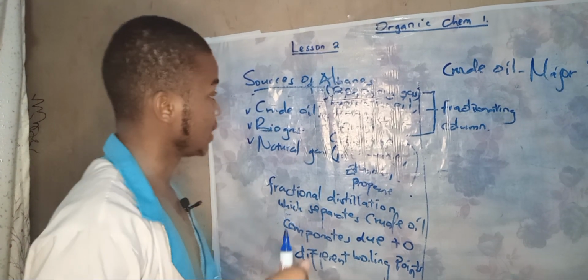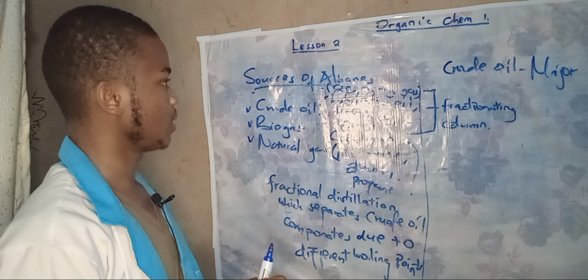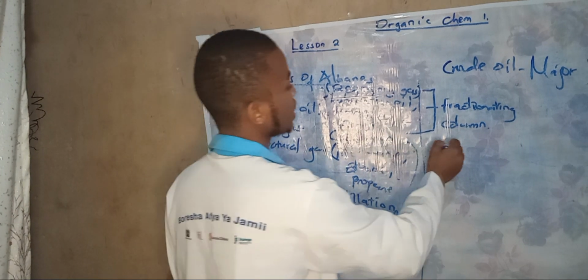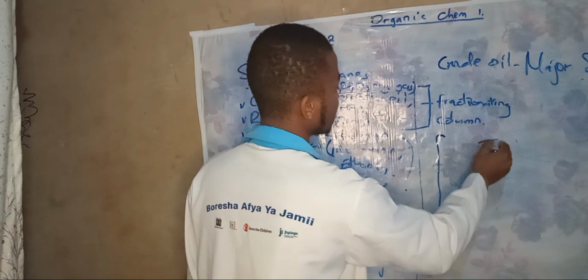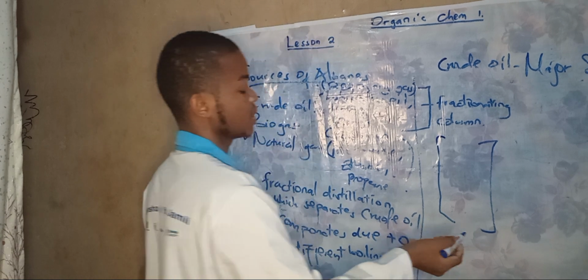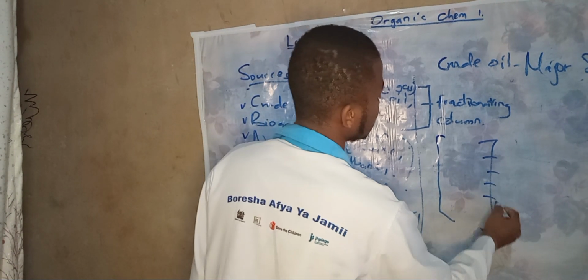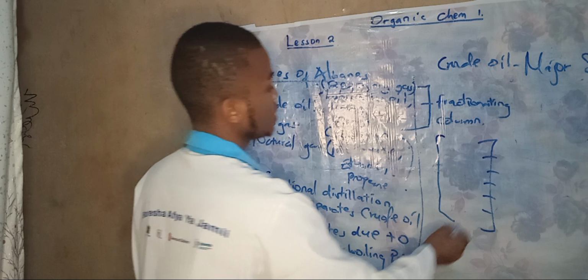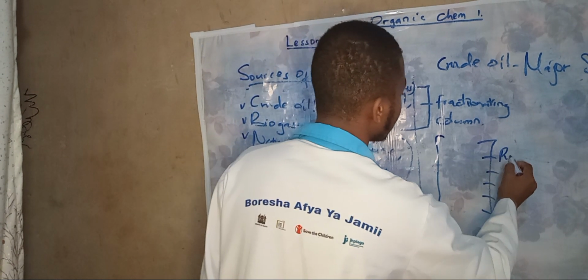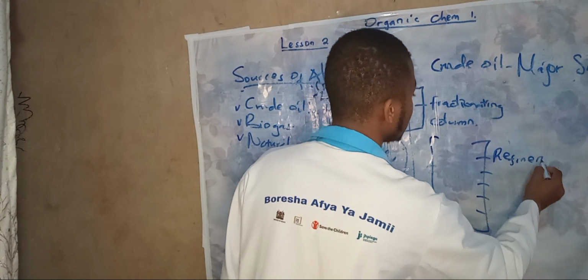Someone could go ahead and ask you, after they have drawn the diagram of a fractionating column, suppose that this is refinery gas on top here.